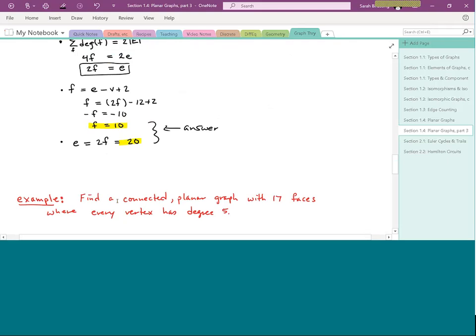If you had this in one of your questions, this actually means build the graph or draw the graph if it's possible to do so. So this part here, find a connected planar graph, means draw the graph, and the caveat is, of course, if this graph exists.